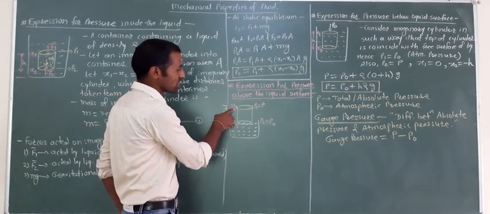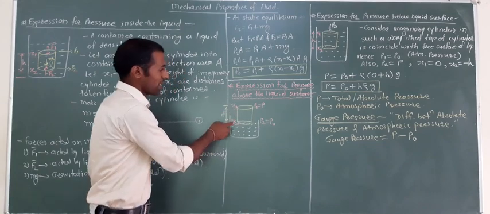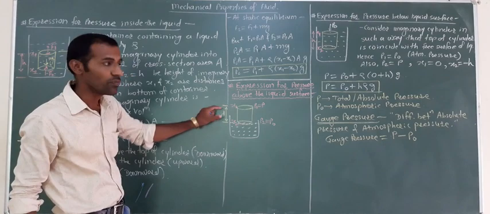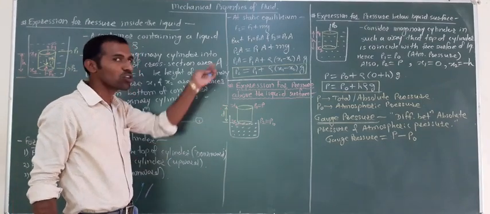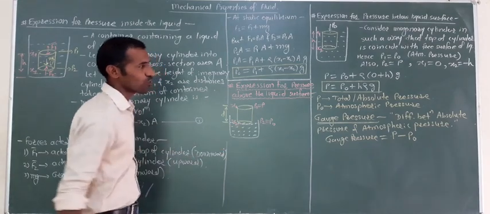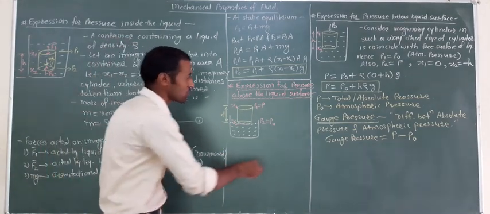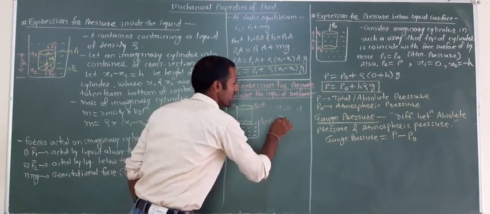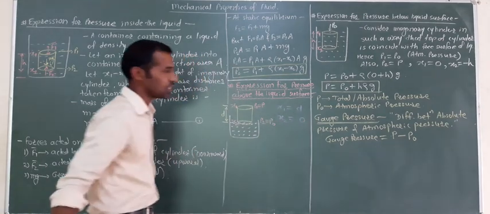Now the distance x1 is taken at a small distance d, above the free surface of liquid, and x2 is at the free surface of liquid. So we can take x2 as 0. Let's take x1 as d, x2 as 0.